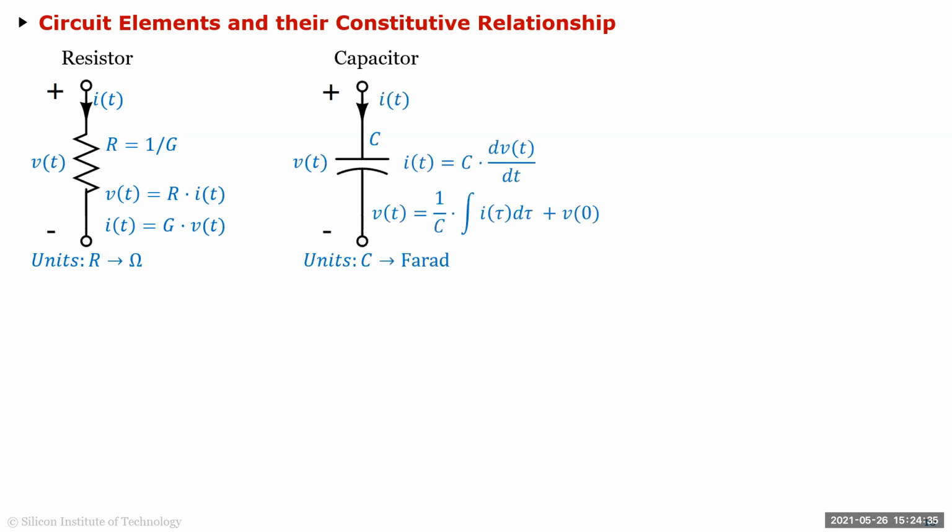And for the capacitor, again everyone is used to the constitutive relationship where the current is C times the derivative of the voltage. If you want to find the voltage, then it's the integral of that current. But then you need to know the initial condition as well.